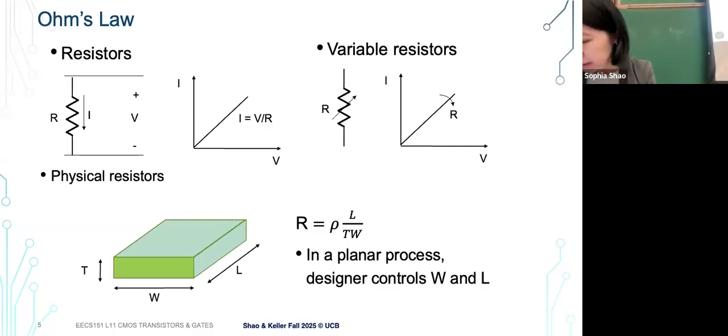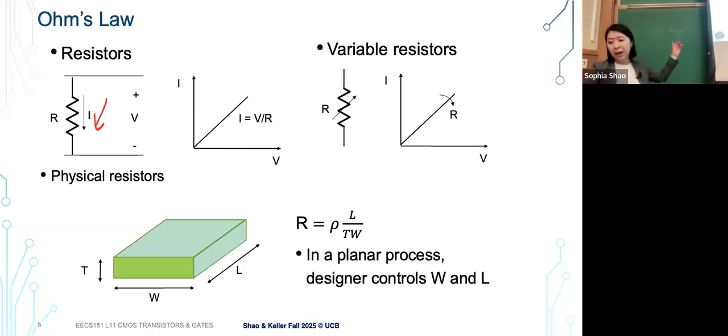If we think about resistors, we have a resistor here, and we have the voltage across the resistor. Once a voltage is applied, current flows through the resistor.